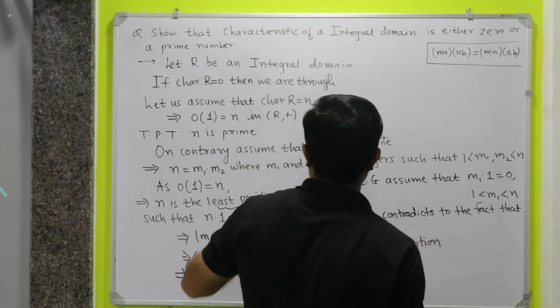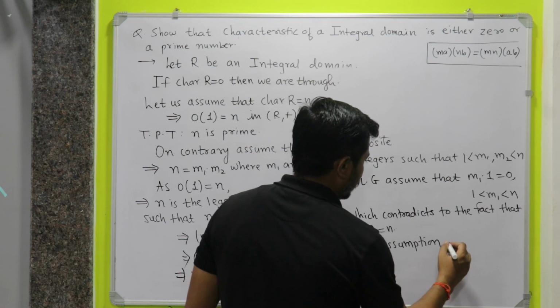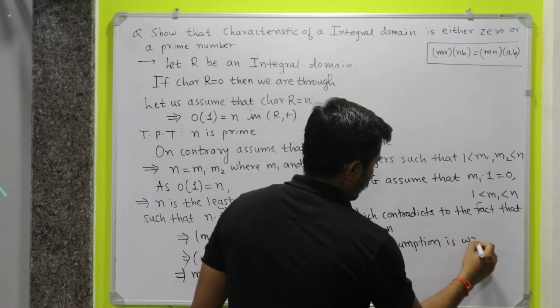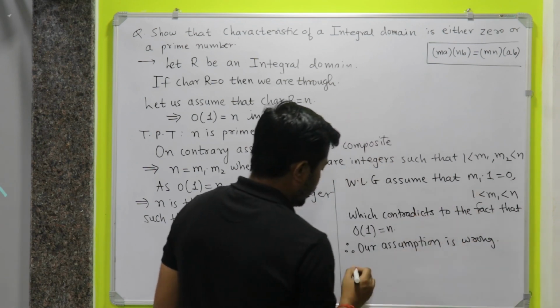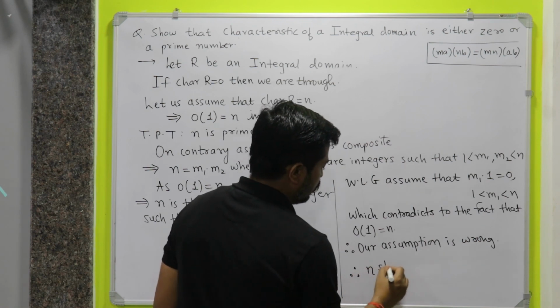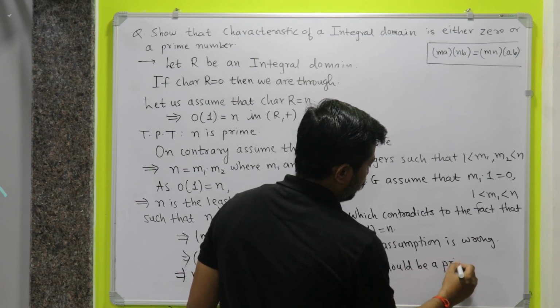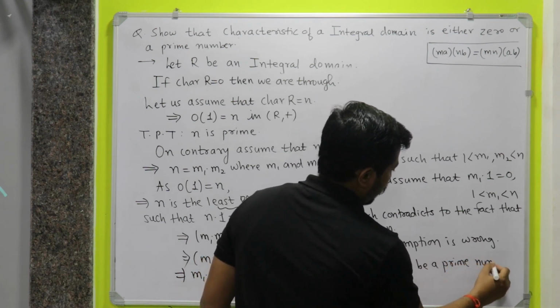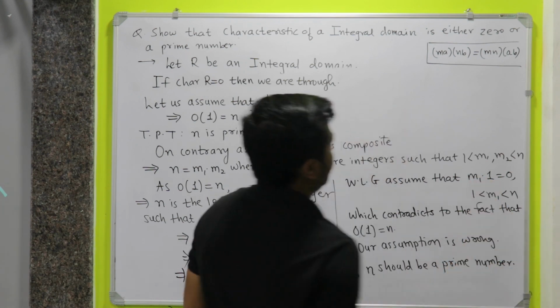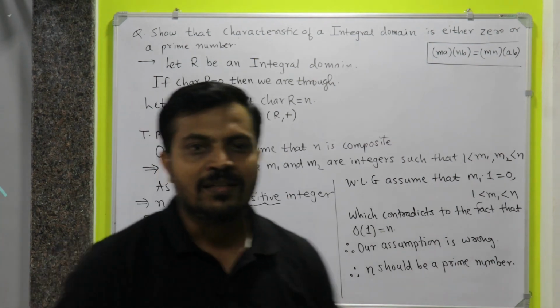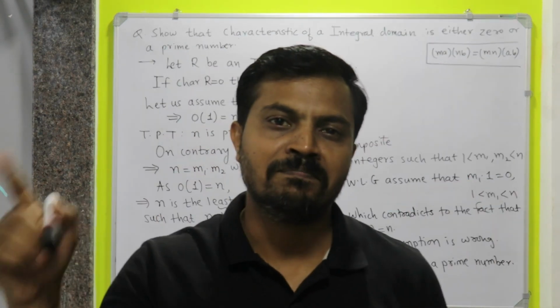We have assumed that n is composite. Therefore, what should be right? Therefore, n should be a prime number. So what we have proved? So now we have proved that characteristic of an integral domain is either 0 or it is a prime number.